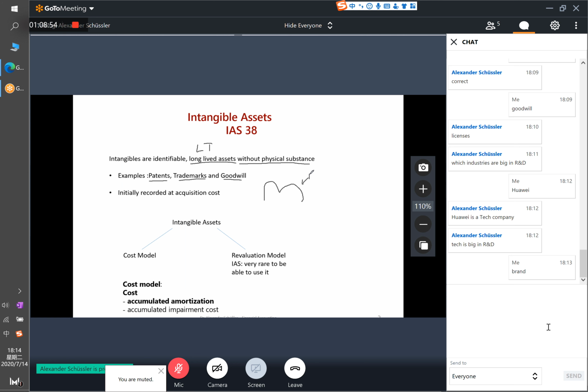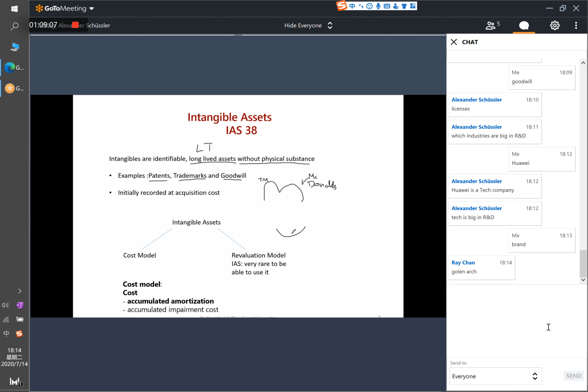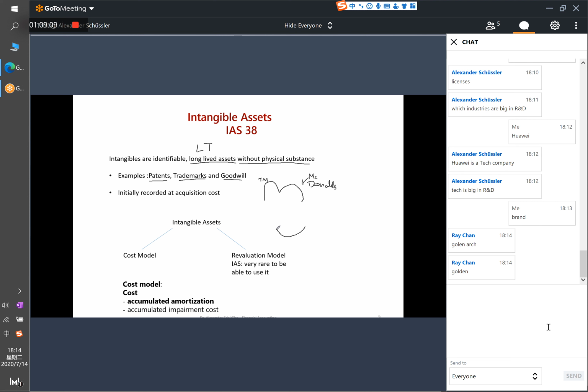The McDonald's arch. So this stands for TM. Think about the golden arch. Think about this, this is Nike.